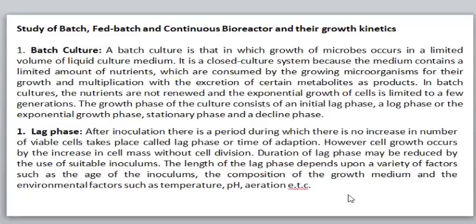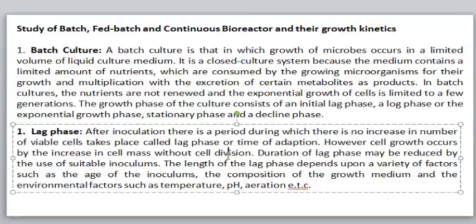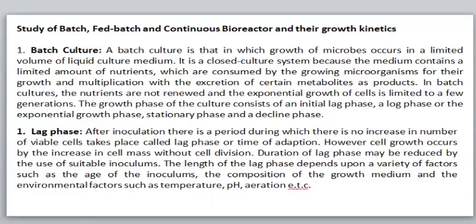Now, what is batch culture? There are three types of cultures basically, or it's four or more than that. But the first is the batch culture, second is the fed batch, third is the continuous. There are basically three types. There are also many photobioreactors, pulse reactors, and fluidized bed reactors. But here we discuss three only.